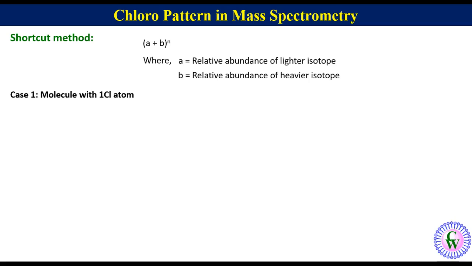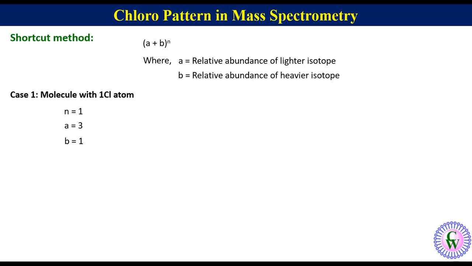So in this case n is equal to 1, and we know that in the case of chlorine the relative abundance of the lighter isotope, that is Cl35, is 3, and that of the heavier isotope, that is Cl37, is 1. So A is equal to 3 and B is equal to 1.